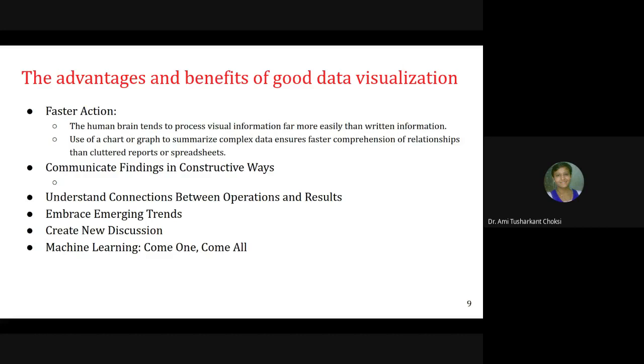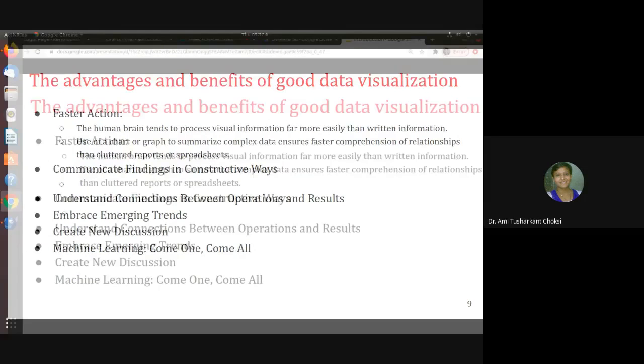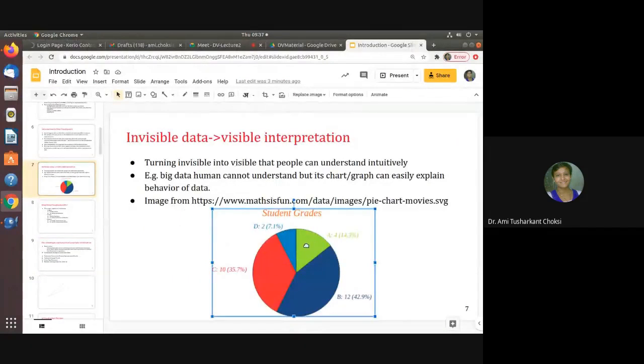Fine? We can have machine learning. Machine learning is also useful, but we will see that with data visualization. And we can understand very easily. Suppose some data is there in this green color.